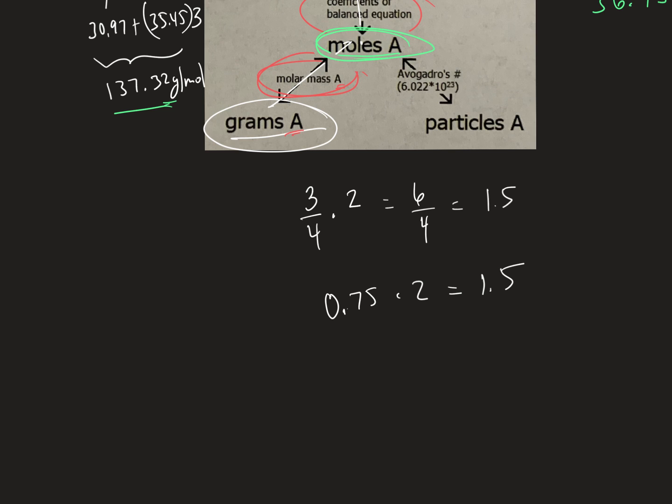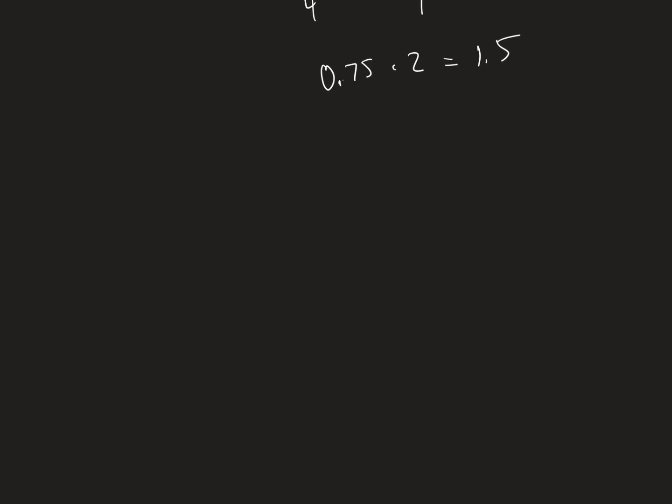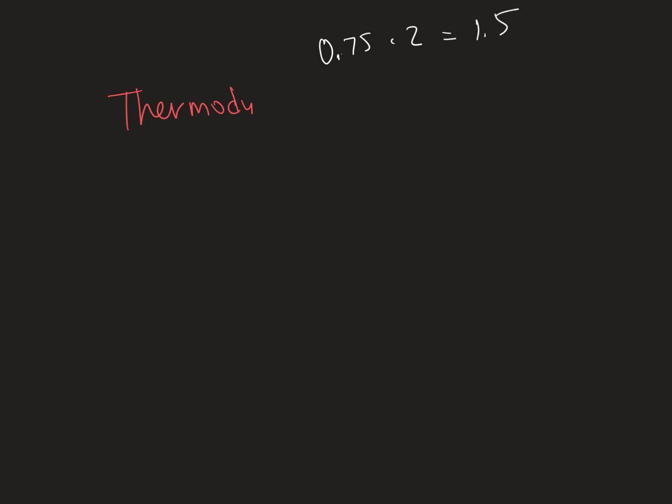So chapter 7 is thermodynamics. What is thermodynamics? Ooh, that sounds scary. Physics. Yeah, it's just physics. This is chemistry. Which is physics of matter. All right. So thermodynamics is basically, what does thermo mean? Temper, yeah, heat, right?